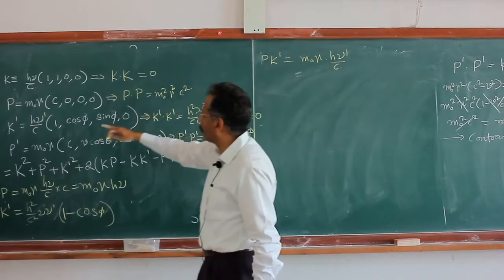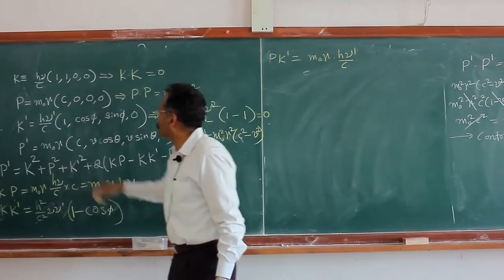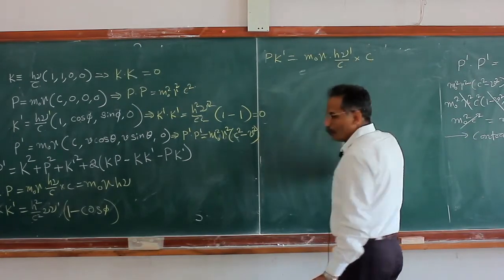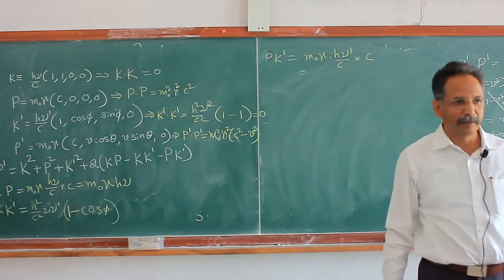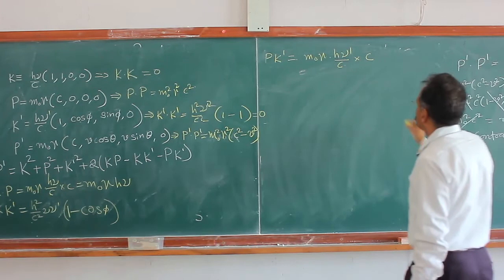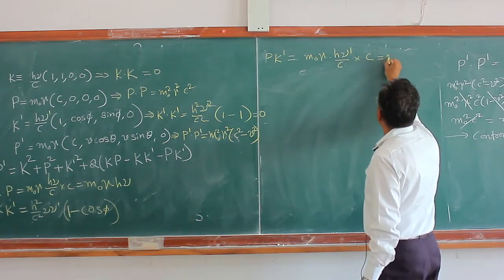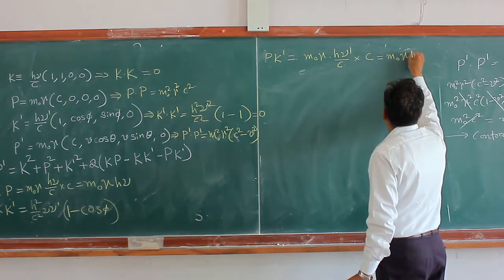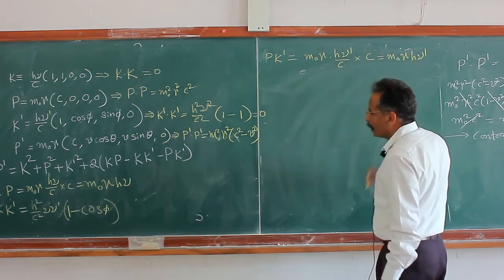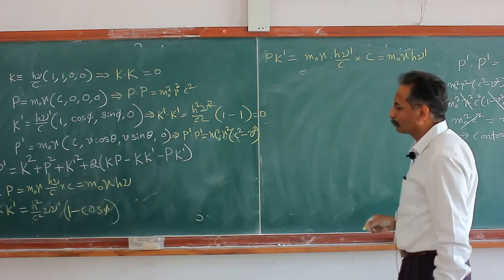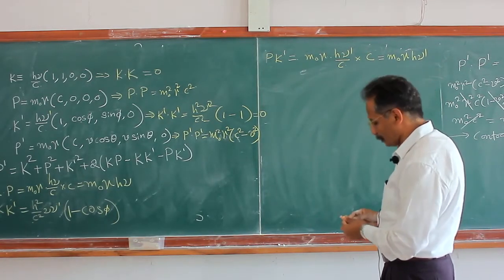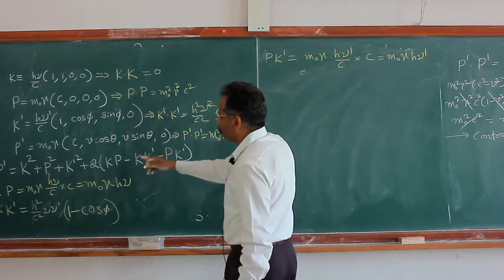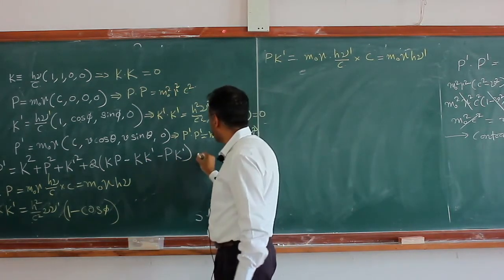So m0 gamma into h nu dash upon c, multiplied by c, minus 0. So this is m0 gamma h nu dash. Now we can plug in all the values.